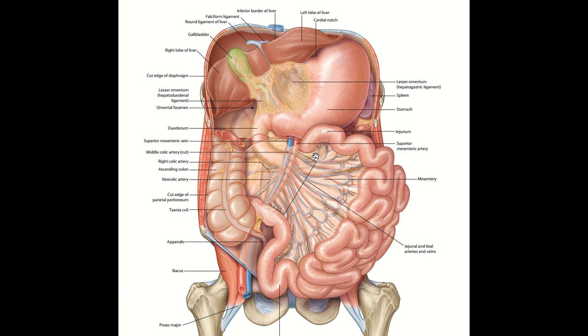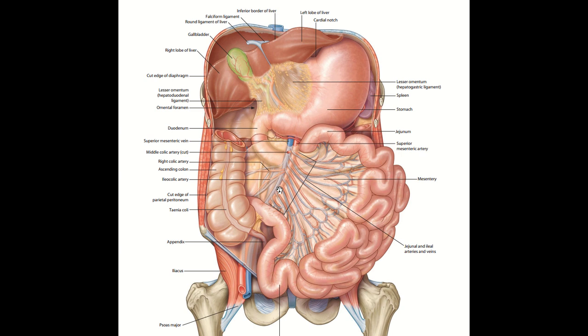Right, so right here you can see the mesentery of the jejunum and the ileum. This is the root of the mesentery of the jejunum and the ileum. It extends from the duodenojejunal junction to the ileocolic junction, right? And it is oblique.